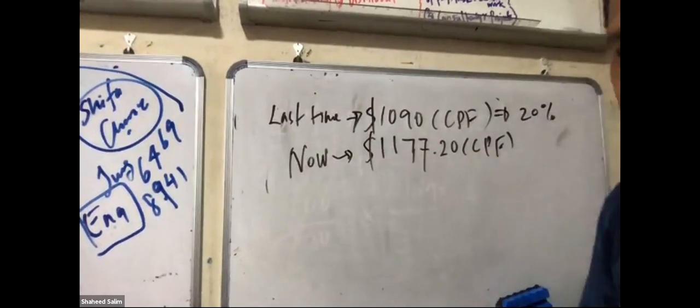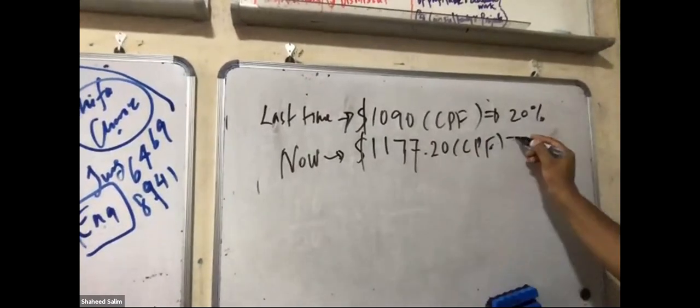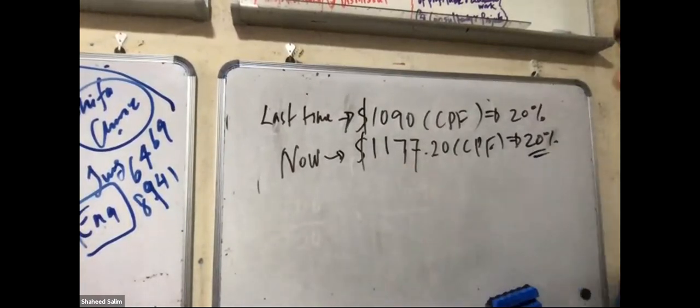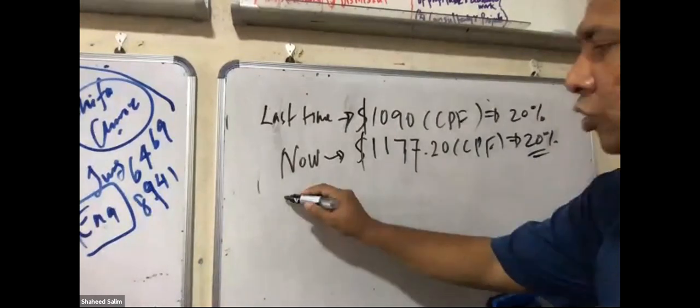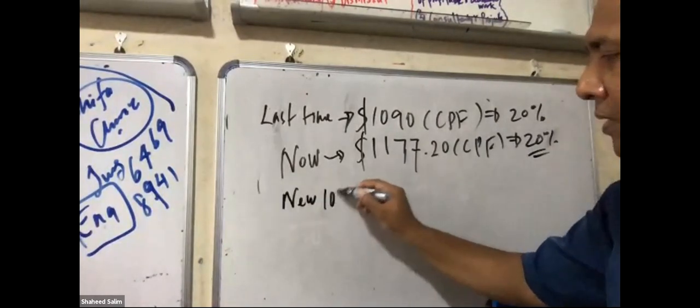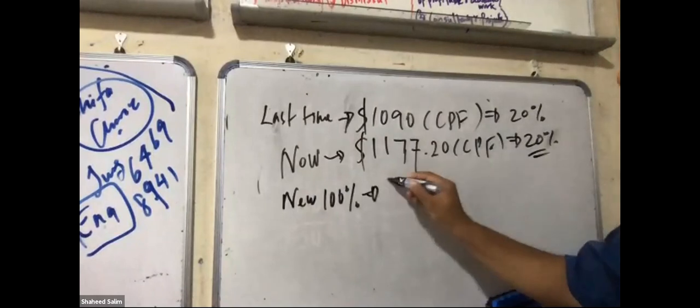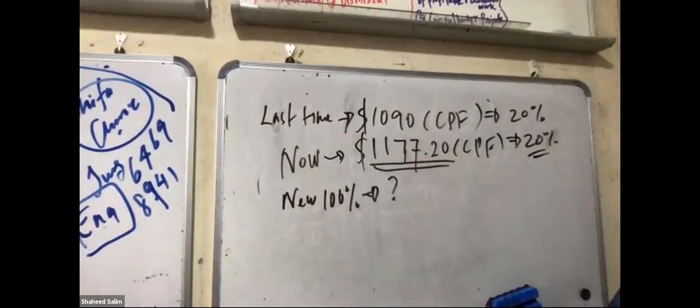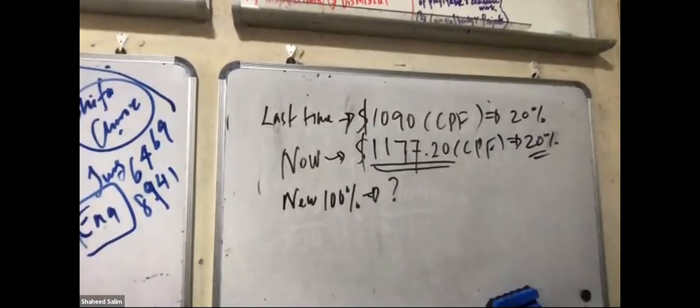But he had a salary increase, so his new 20% is like this. Why don't you find the new 100%? This is the new 20%. What is 100% now? Can you find what is 100%? You understand what I'm saying?